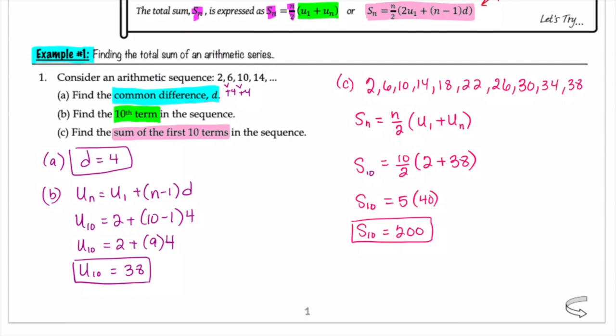I can use the other formula as well. So we have S sub n, the number of pairs, times twice the first term plus n minus 1 times the common difference. I'm going to quickly substitute, and we should end up at the same value of 200 here.